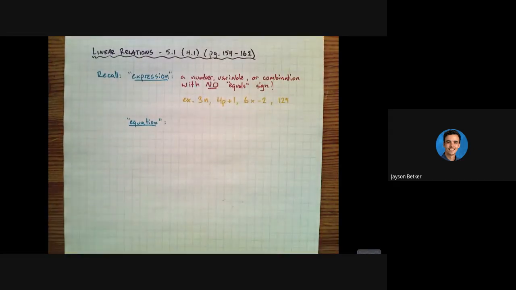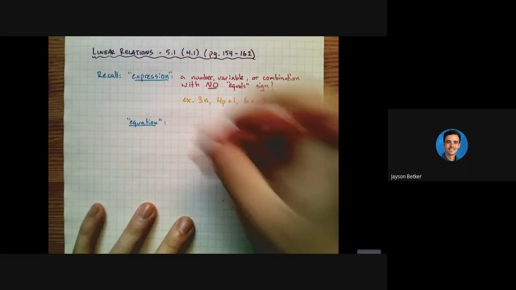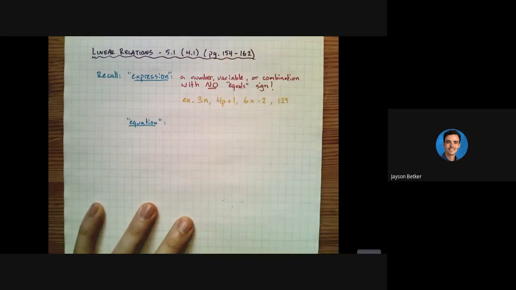Now, let's take a look at what an equation is. Technically, I've got a very technical definition here.